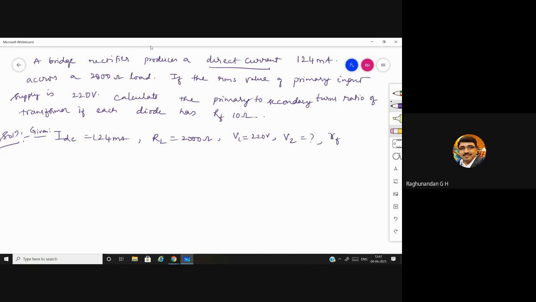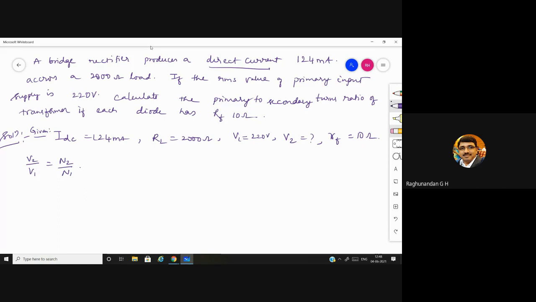We can write it as small RF or capital RF. It is left to you. So it is 10 ohm. It has been given. So we have the formula V2 by V1 is equal to N2 by N1. This is the turns ratio or voltage ratio formula we are having.